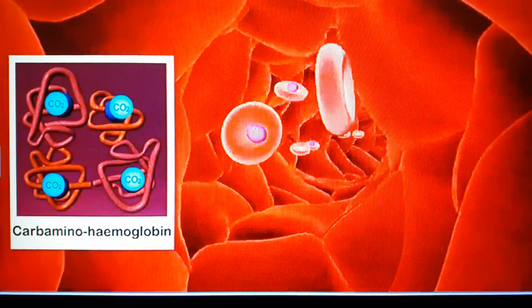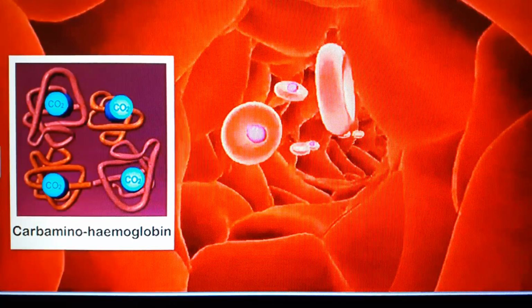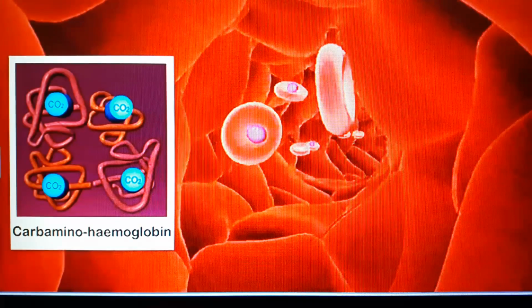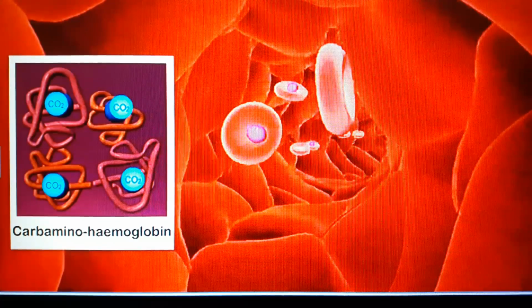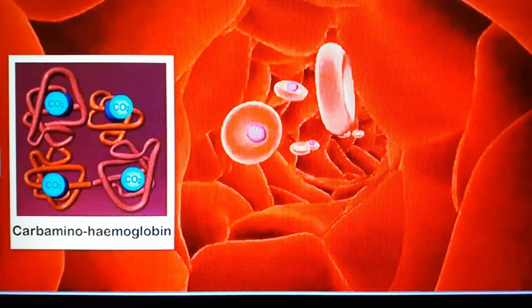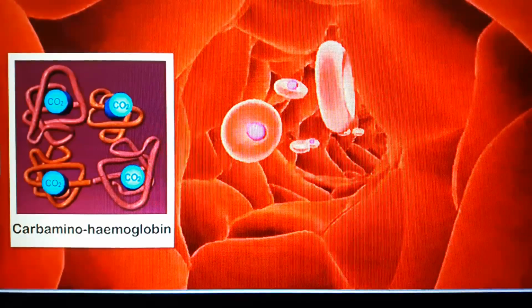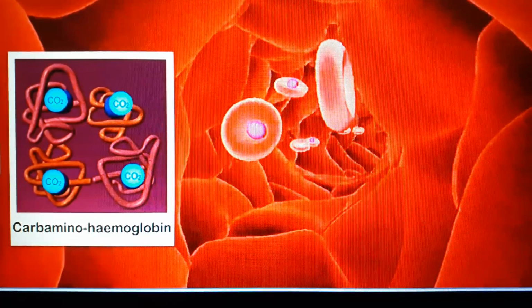When carbon dioxide is carried by hemoglobin, carbaminohemoglobin is formed. About 20 to 25% of carbon dioxide is transported with the help of RBC or hemoglobin.